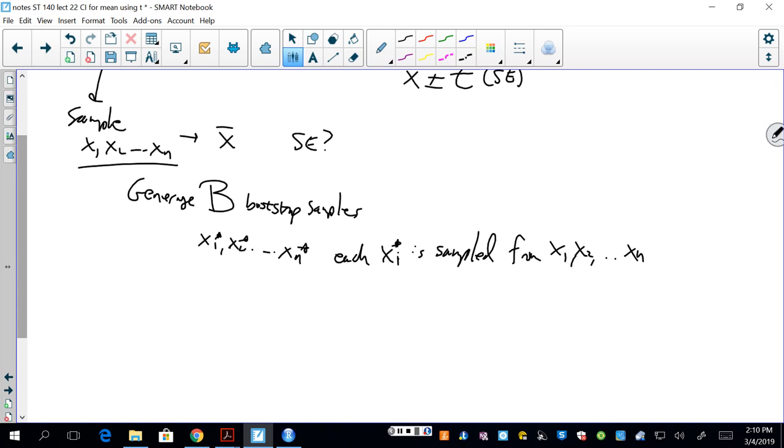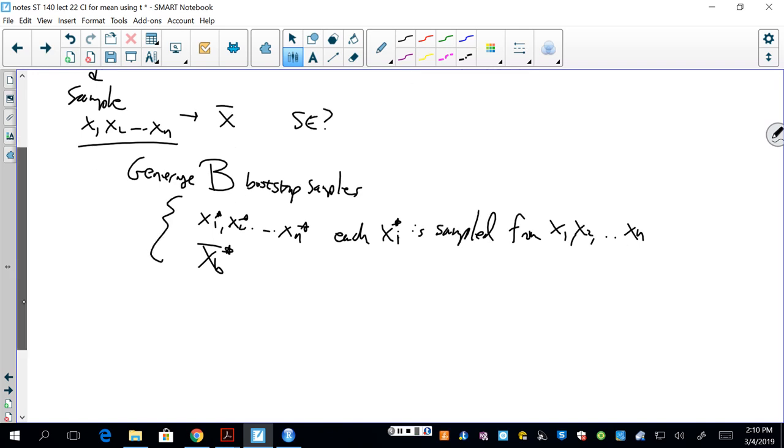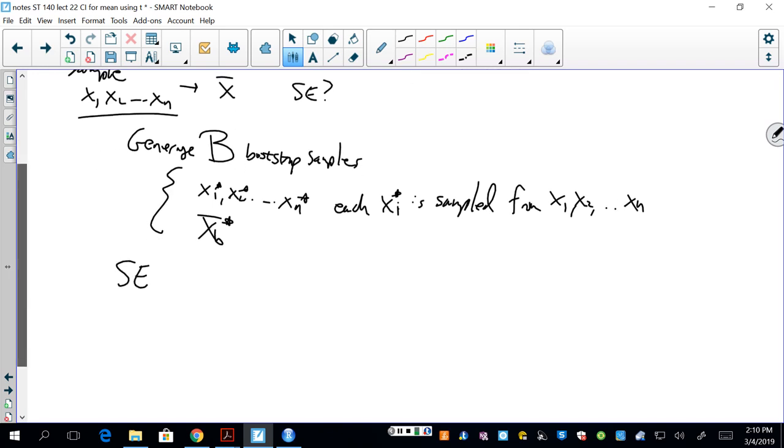And for each of these bootstrap samples, we're going to calculate an average. Let's put a little b here for the index. And then our standard error estimate from the bootstrap is the standard deviation of these different x bars from these different bootstrap samples.